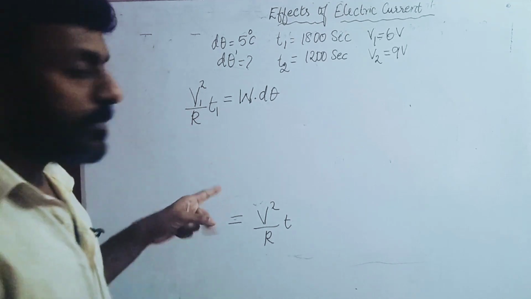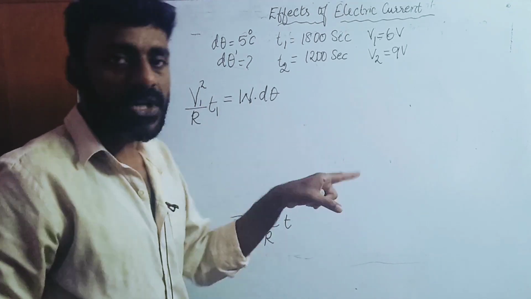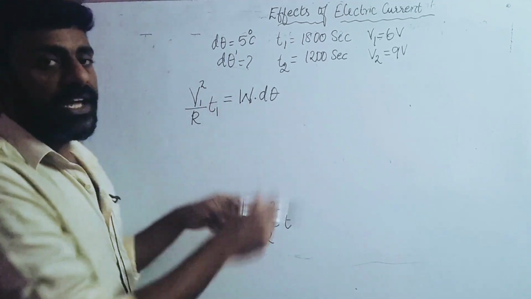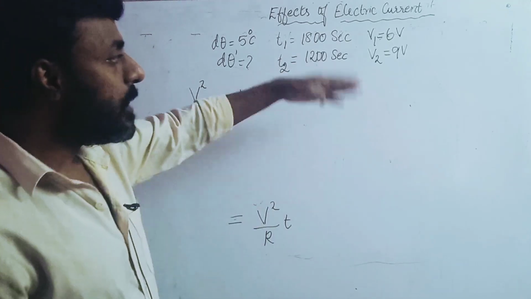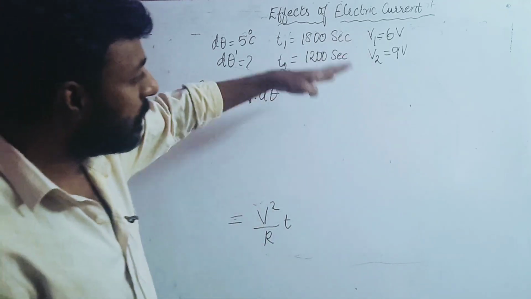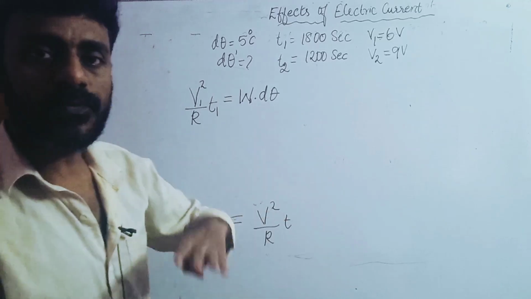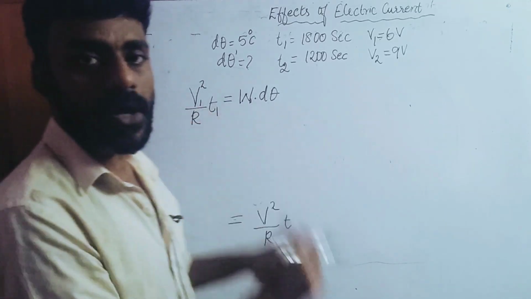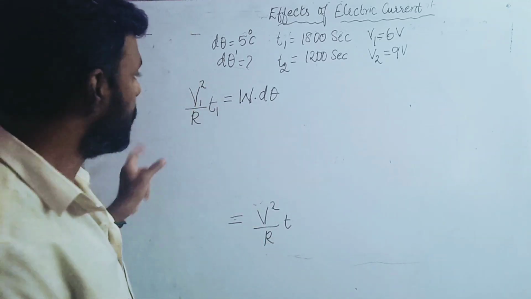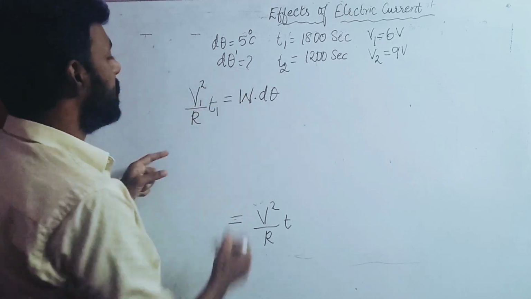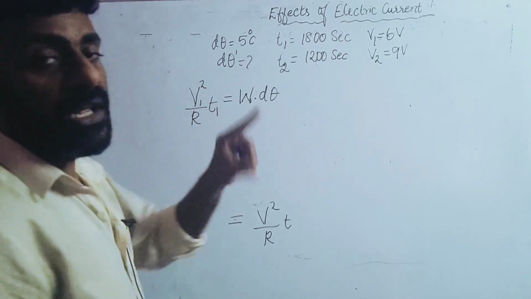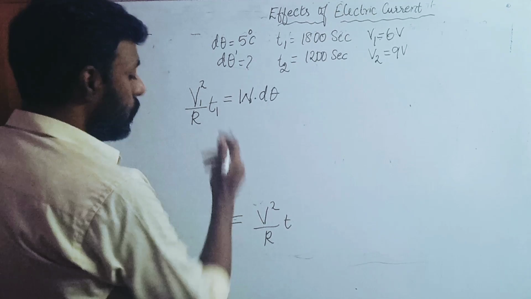R will be the same; the resistance of the coil will not change, even if you take n number of sets of experimental values. It remains constant. Only the voltage and the time interval change.